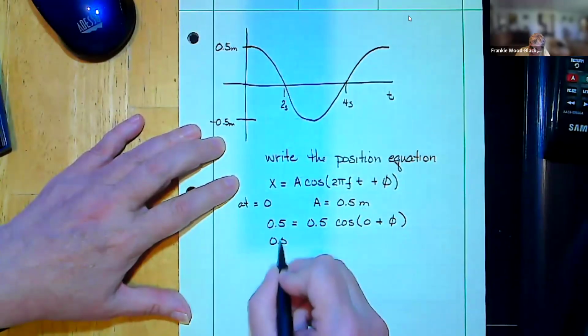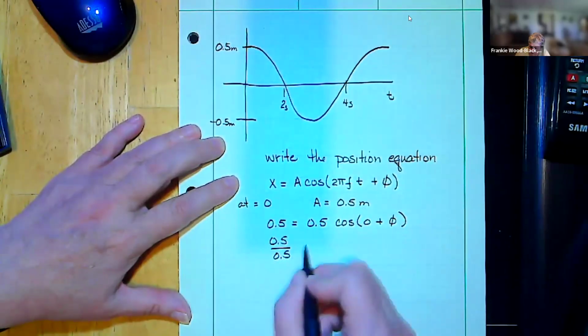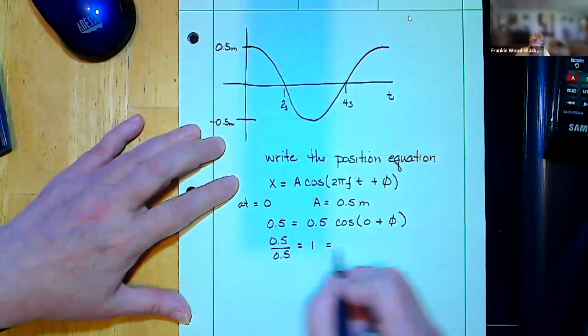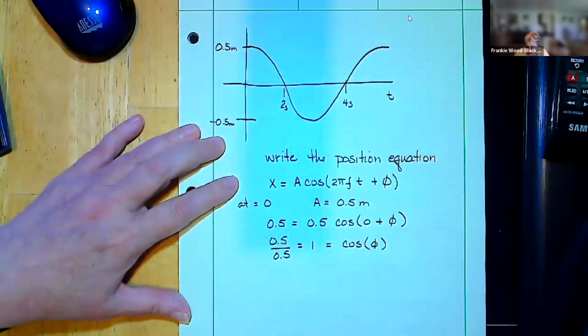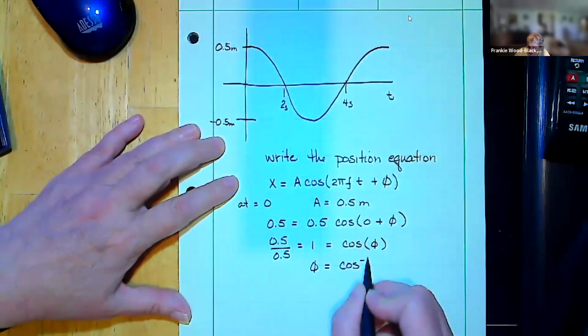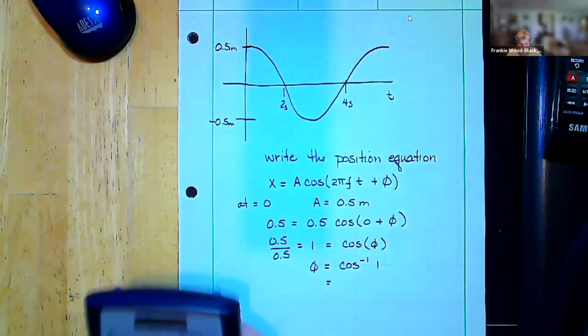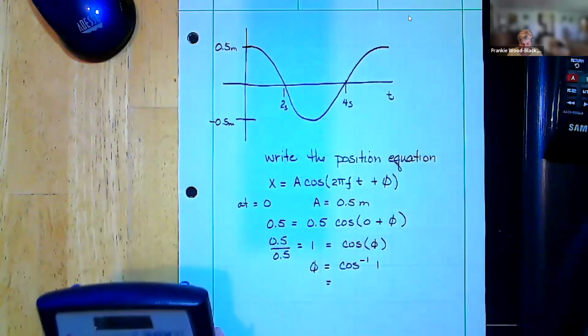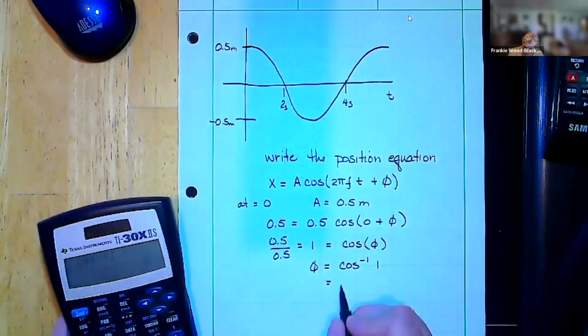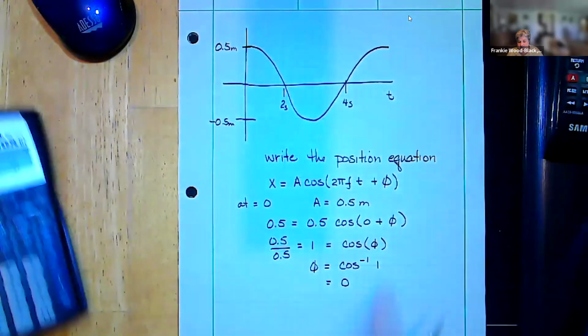So I get my 0.5 divided by my 0.5. That's going to equal 1, which is equal to the cosine of my phase angle. So my angle is going to equal the arc cosine of 1. And that's 0. So my phase angle is 0.